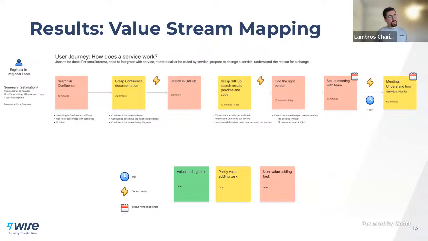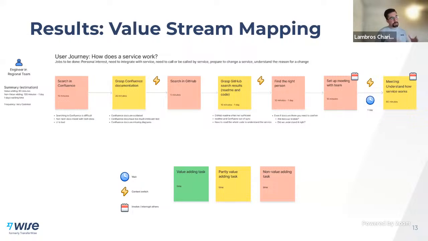Now, why is this journey so painful? You can see the steps here that we identified. This is a common path that engineers go through. So they want to understand, how does the service work? How do I change it, right? They would start in Confluence. They would start searching for the docs, would maybe find them. They would be outdated, right? Or maybe not sufficient.